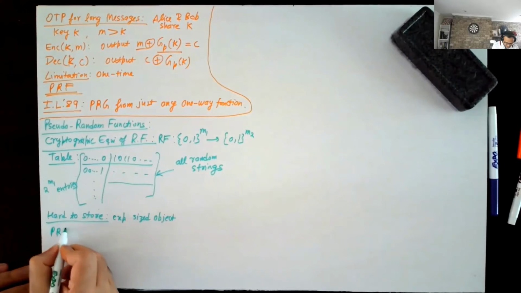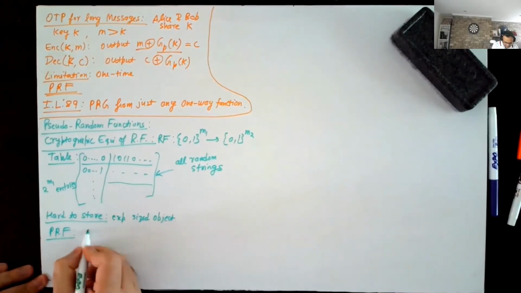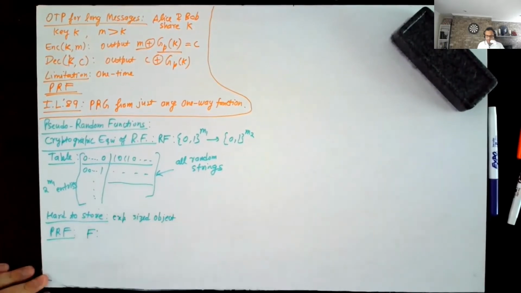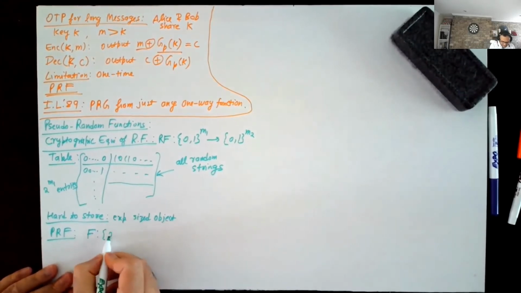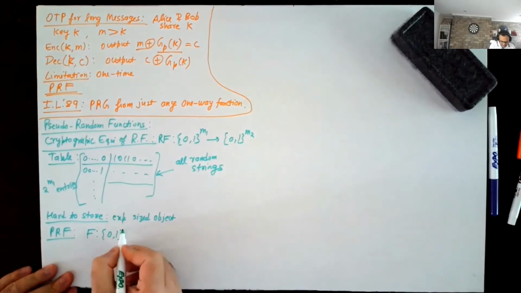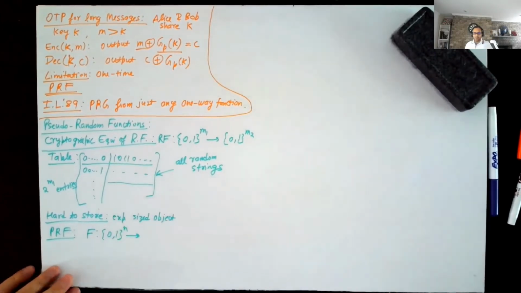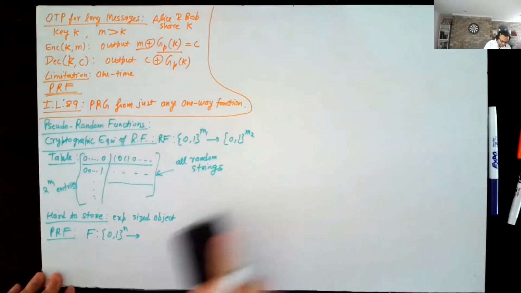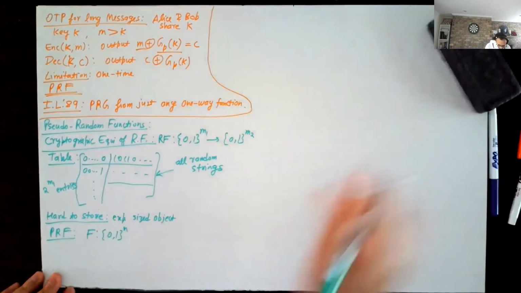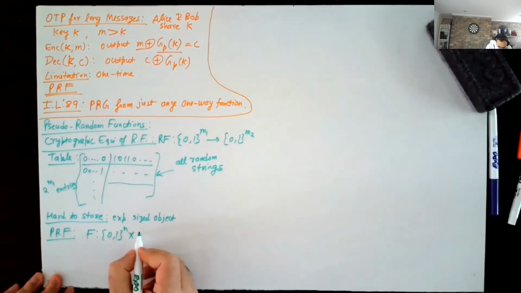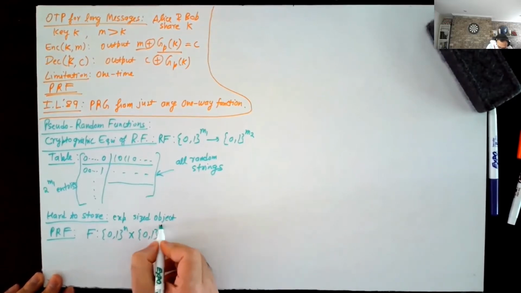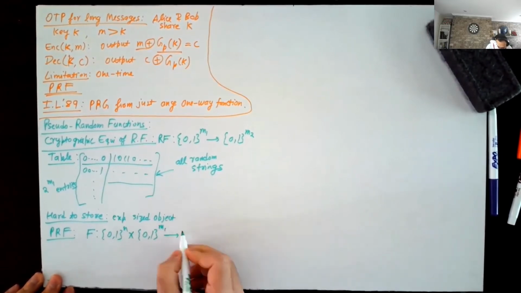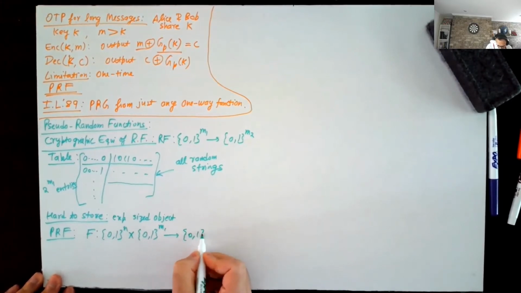So a PRF is a function which takes a key. The key will be n bits, in {0,1}^n. It will take another input, M1, and give you some output, M2.